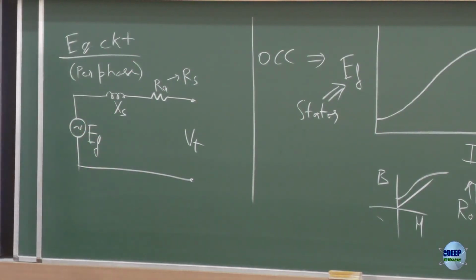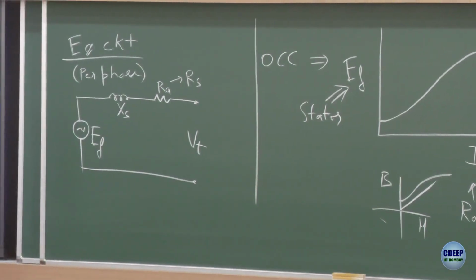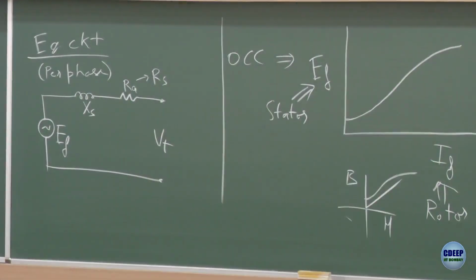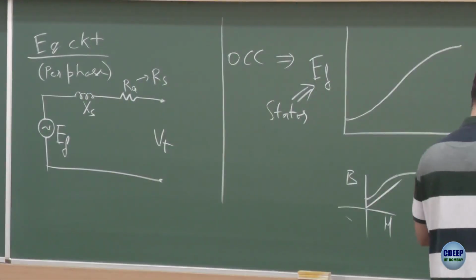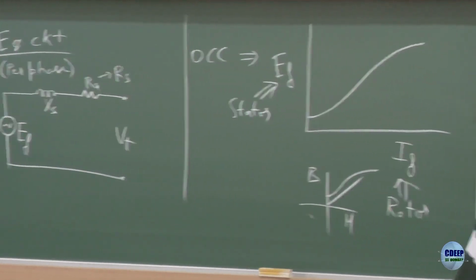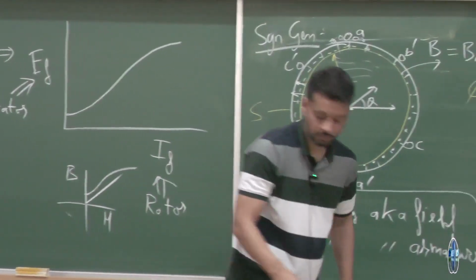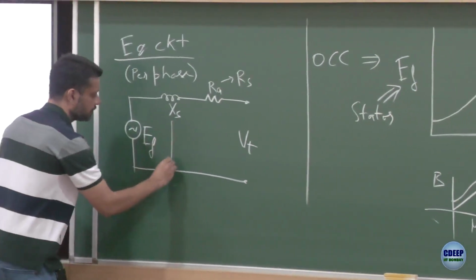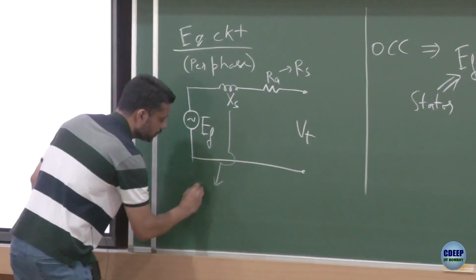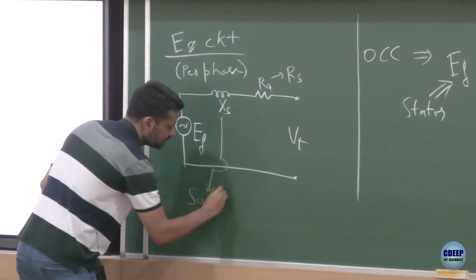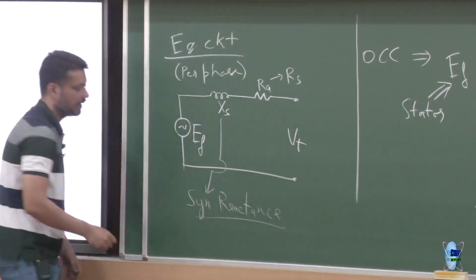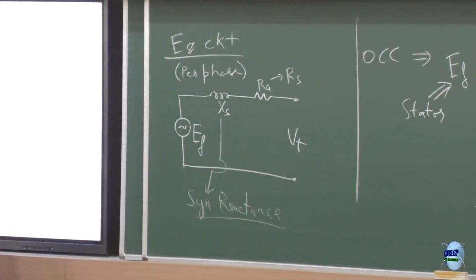It's fairly simple as compared to the complicated equivalent circuits of induction motor which you have seen last semester or semester before that. Any questions so far? The XS is called as synchronous reactance.